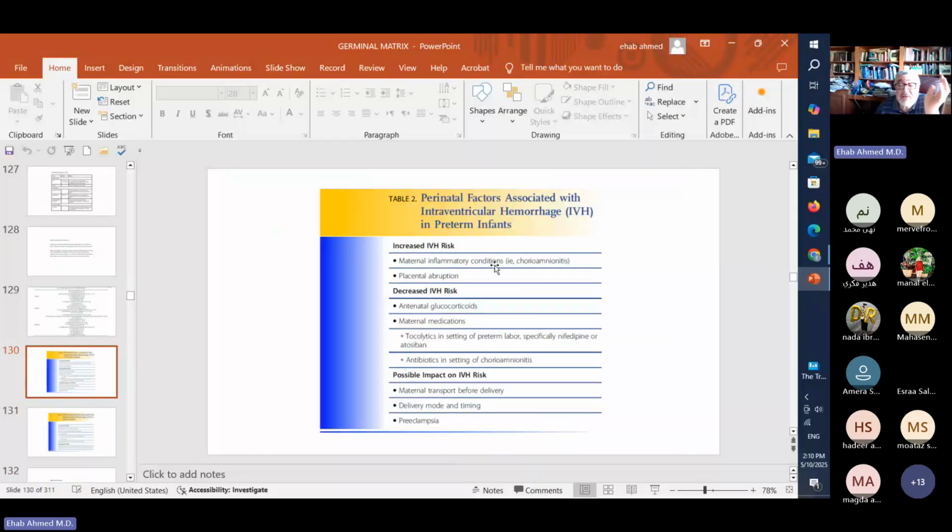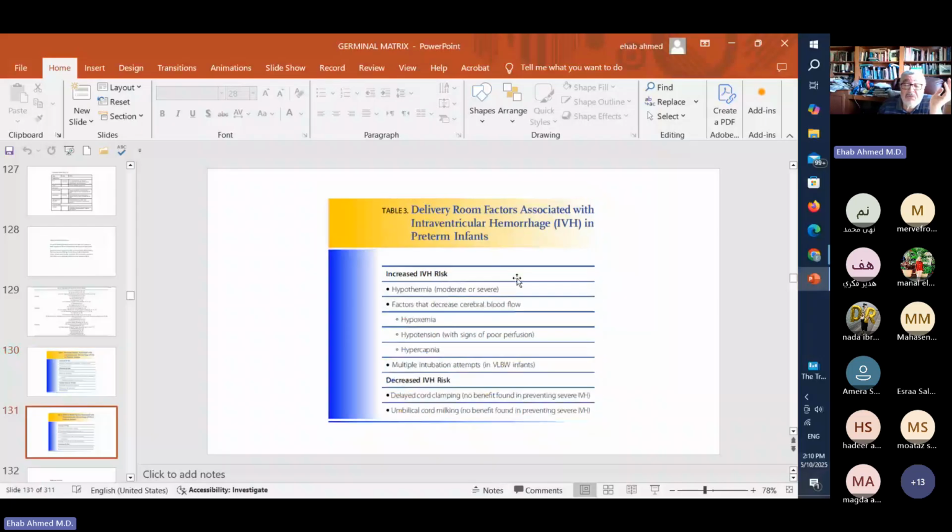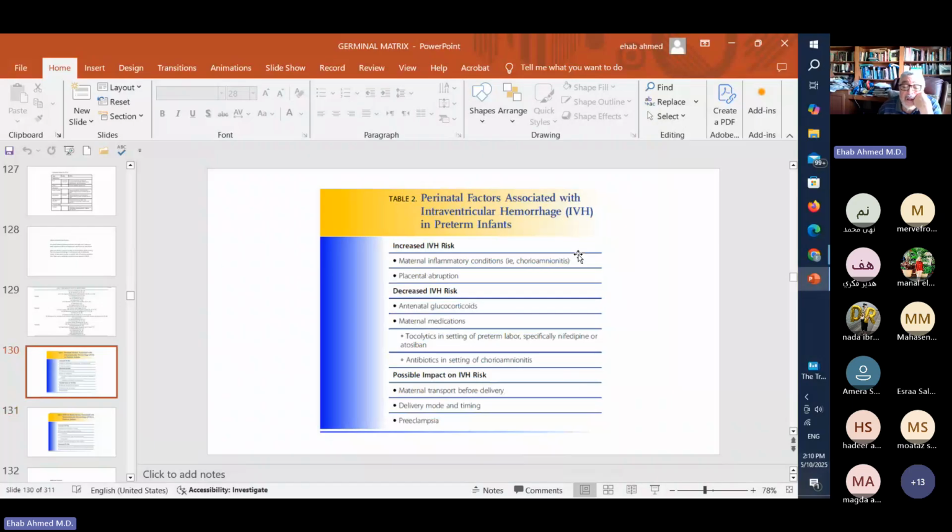And then another classification for the risk factors. Delivery room is extremely important. What are the factors in the delivery room that increase the risk factor for GM-IVH?